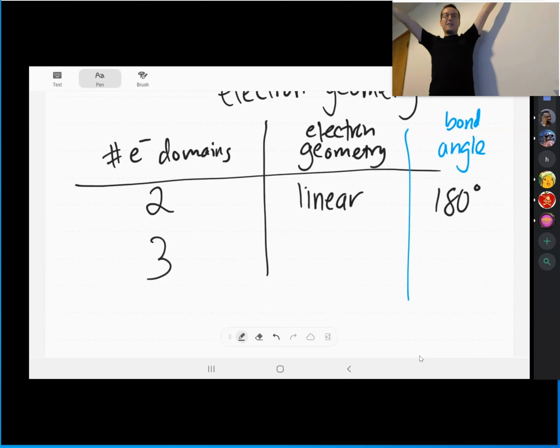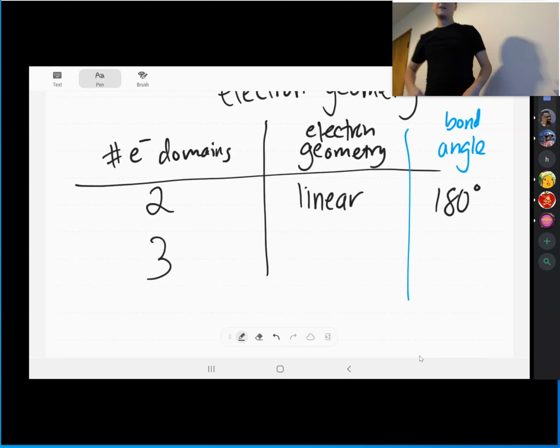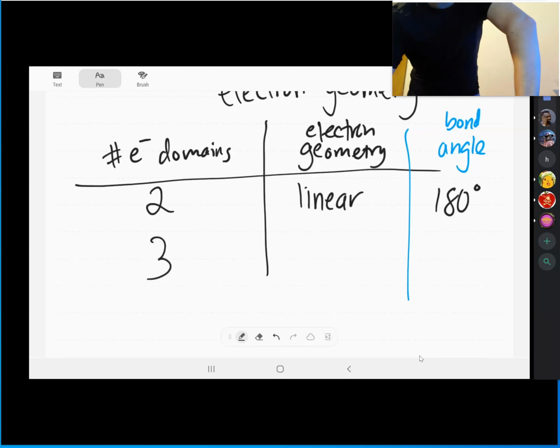So if I go like this, sorry, my camera is pointed badly. But yeah, we want to make this kind of Y shape. So I will shrink myself down also so you can see we've got the 2 things up and then 1 thing down. That's a 120-degree angle. That's absolutely right. And we are going to call this trigonal planar.